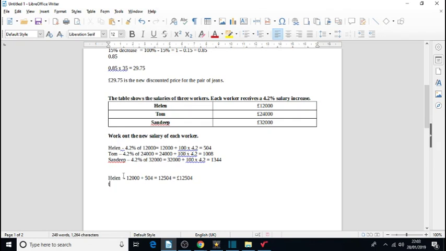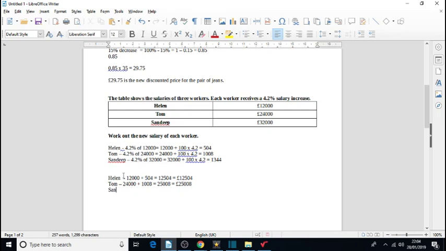Tom, his would be 24,000 plus 1,008. So therefore his new salary would be £25,008.